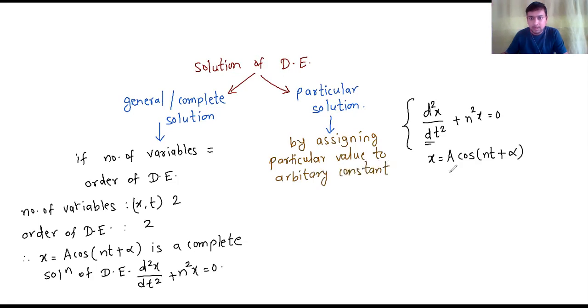For example, in this equation, let's say alpha is equal to pi by 4. So what will be the value of x? x is equal to a cos nt plus pi by 4.